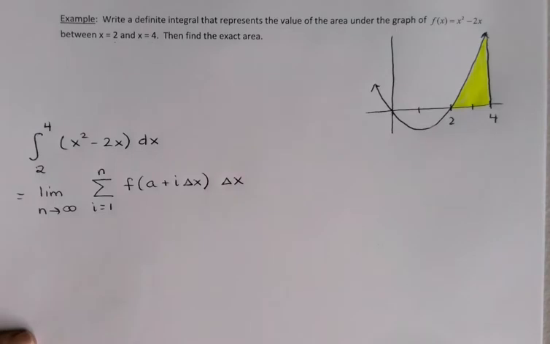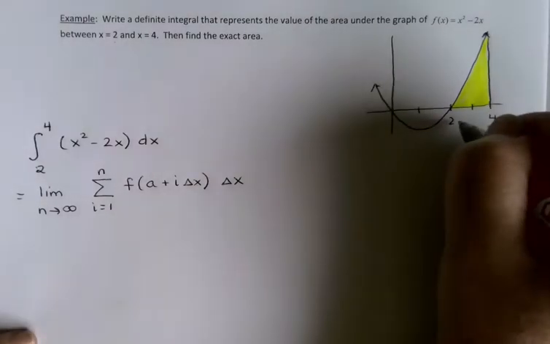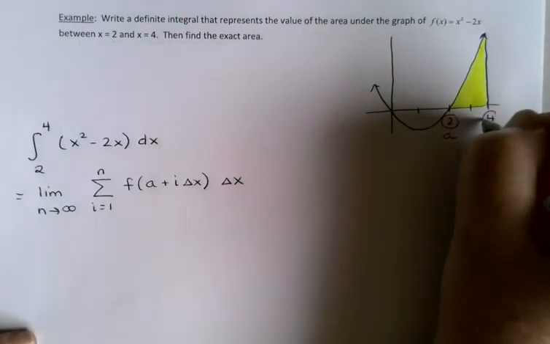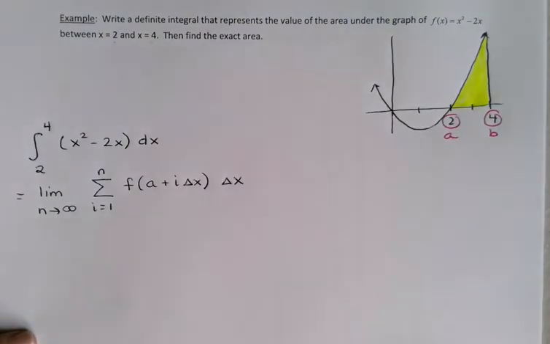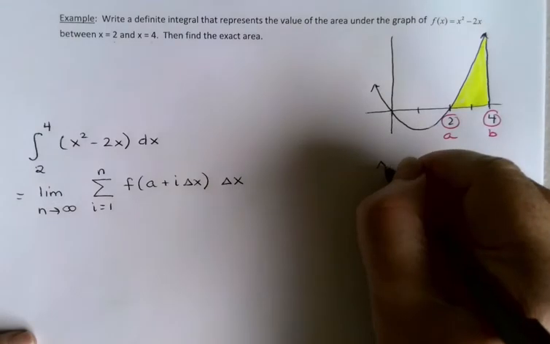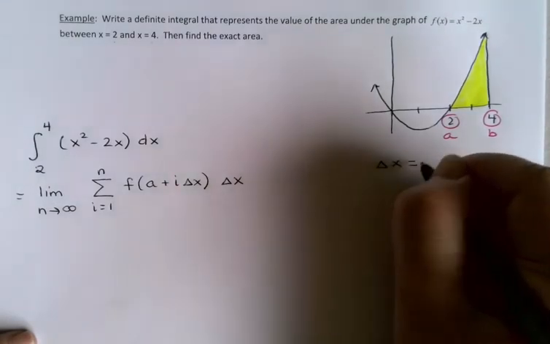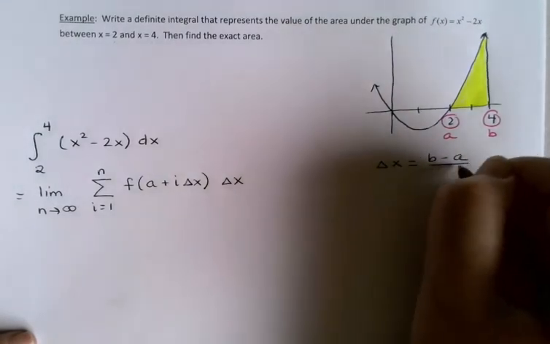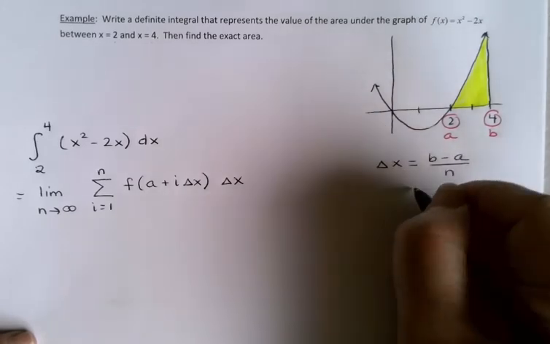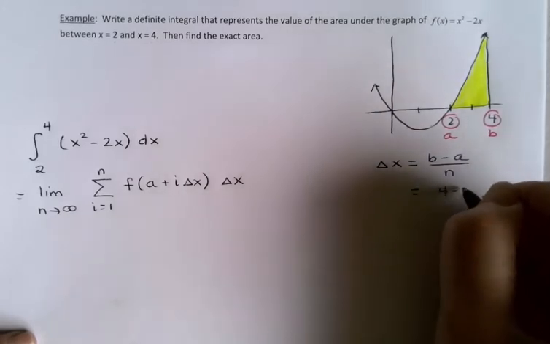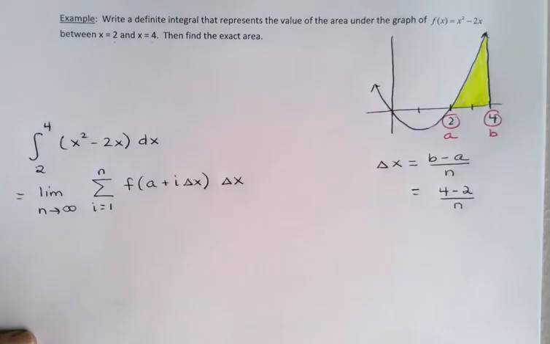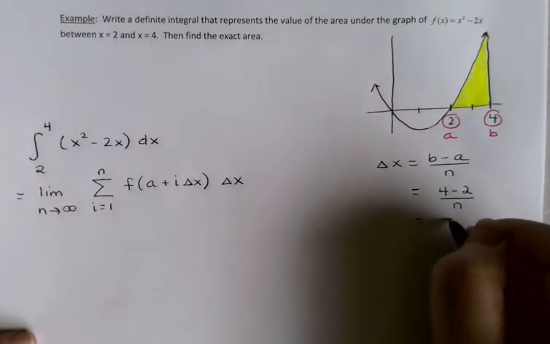In this problem, it looks like my a and b are 2 and 4. Therefore, I can calculate my delta x as b minus a over n. That would be 4 minus 2 over n, or 2 over n.